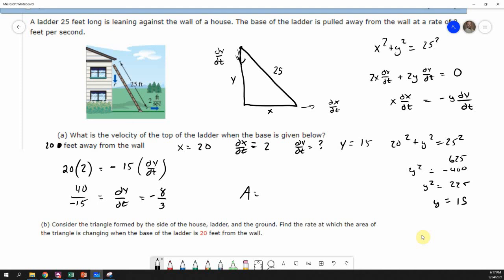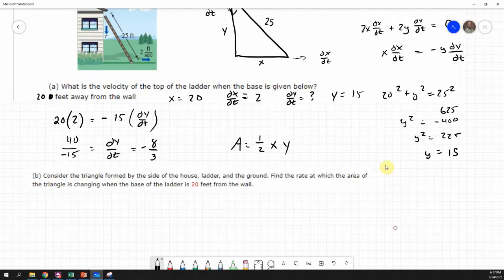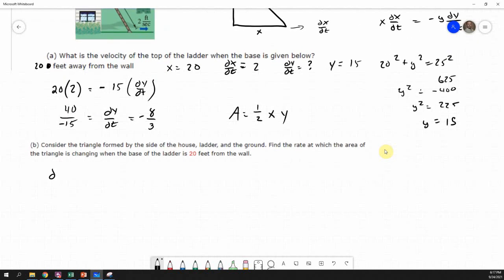But now I want to talk about the area. So I know the area is equal to 1/2 the base times the height, right? So I can talk about my change in area as the derivative of A with respect to t. So that gives me 1/2, and then dx/dt times y. Well, let's do it first, derivative of the second, x dy/dt, plus the second times the derivative of the first.